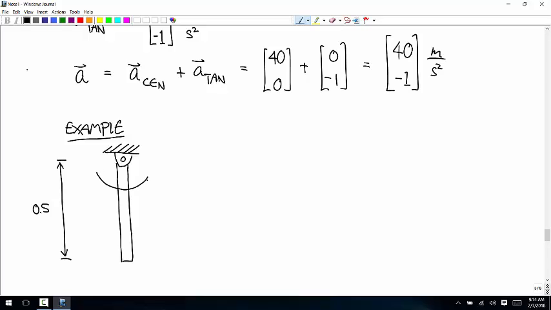At this instant, it has an angular velocity of 10 radians per second and an angular acceleration of 20 radians per second squared. And we want to calculate at this instant the acceleration of this point P.